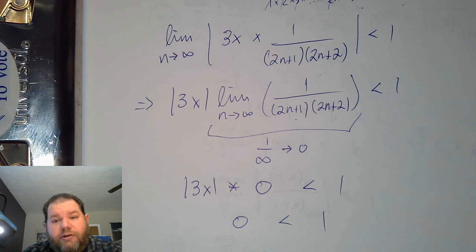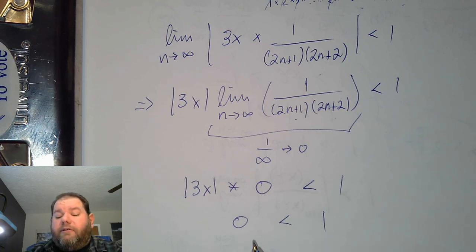So here's the question. If we get a result of 0 less than 1, what does that tell us about x? Remember what we're trying to find, though. We want to know for which values of x is this true. For which values of x is 0 going to be less than 1? It's kind of a silly question. 0 is always less than 1. There's no value of x that's going to change that. So basically, we have a statement that's always true. In logic, we call that a tautology. Just throwing out some extra knowledge there.